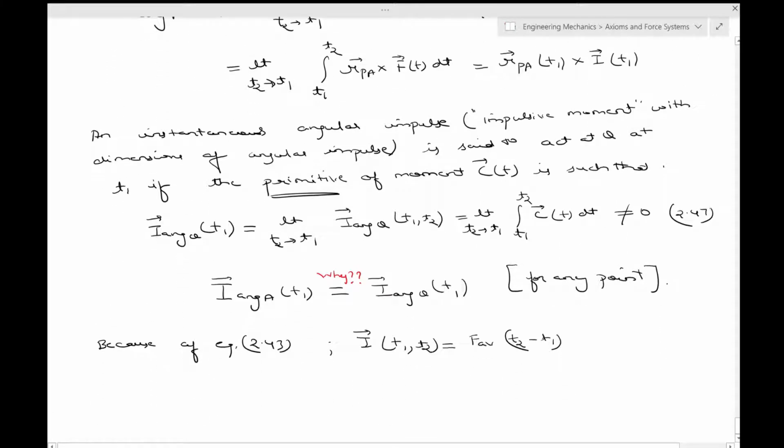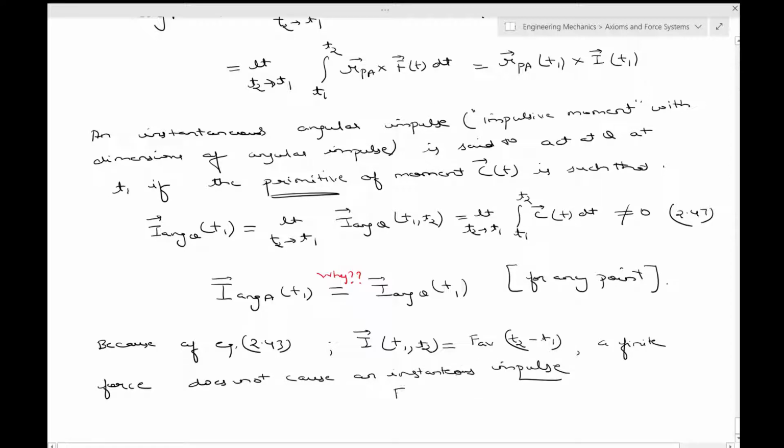So a finite force does not cause an instantaneous impulse. How do we know?